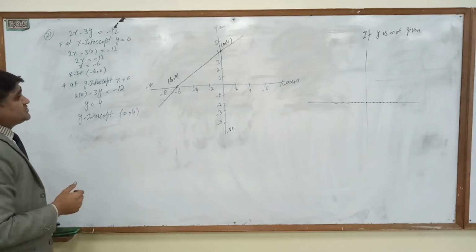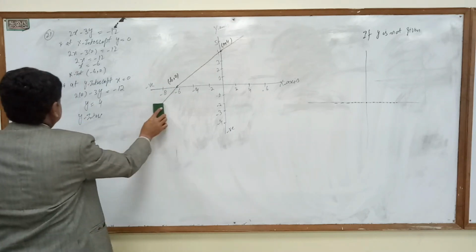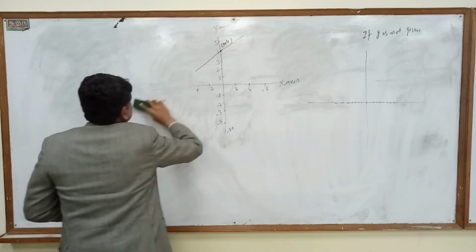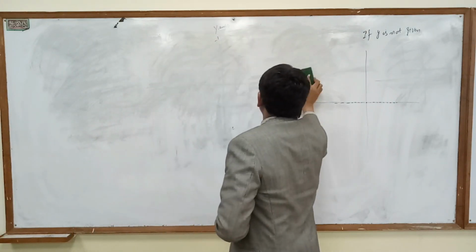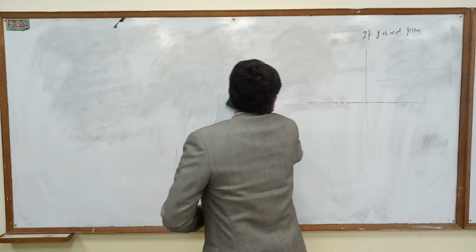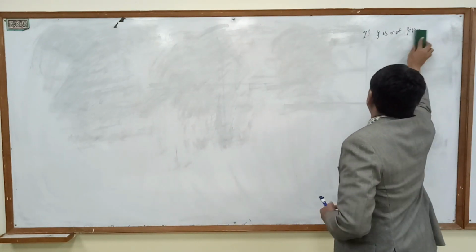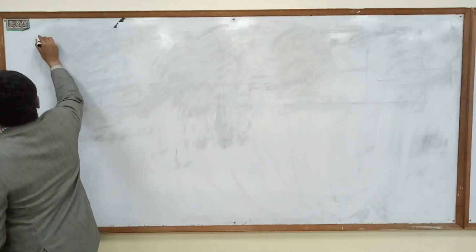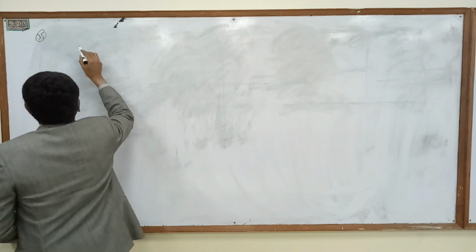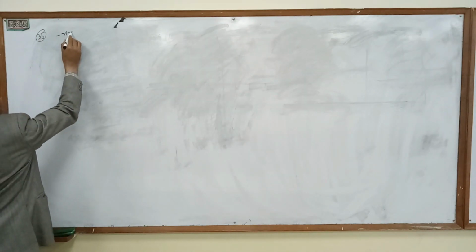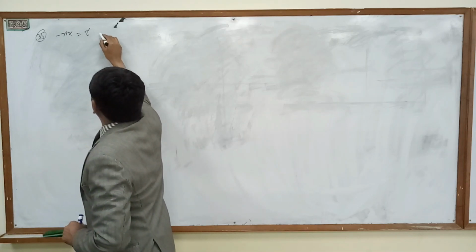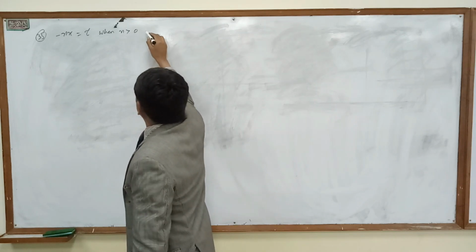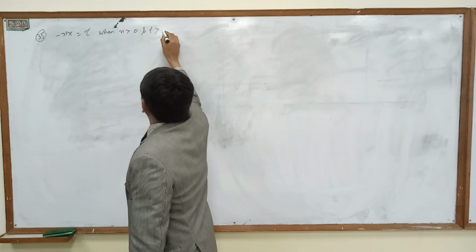So, which question do you want me to solve? Question number 35. What is question number 35? Minus nx is equal to t, where n is greater than 0 and t is greater than 0.